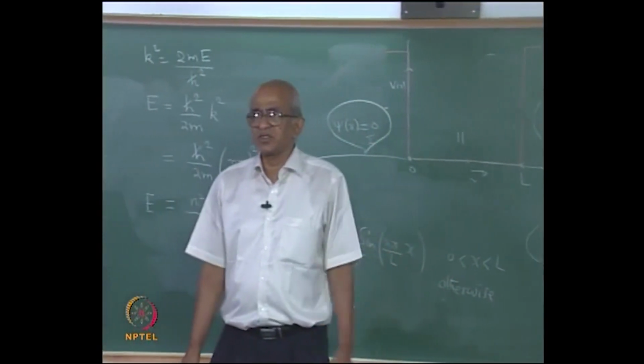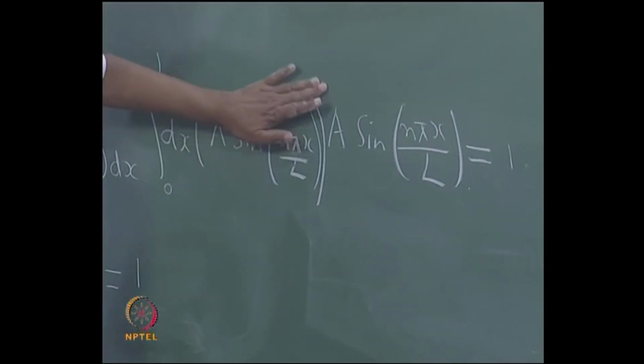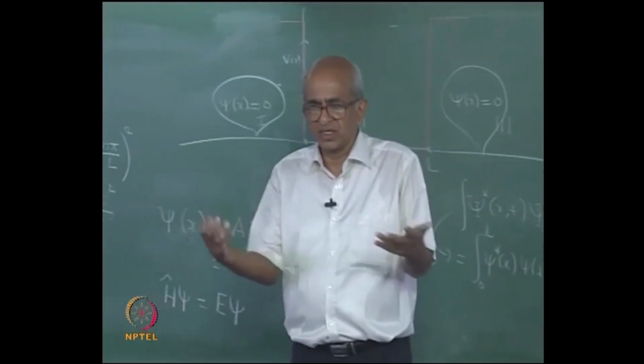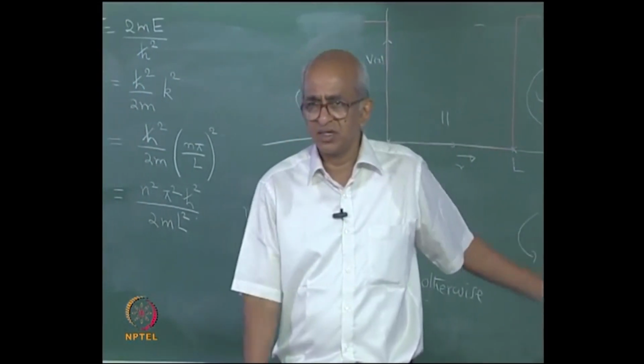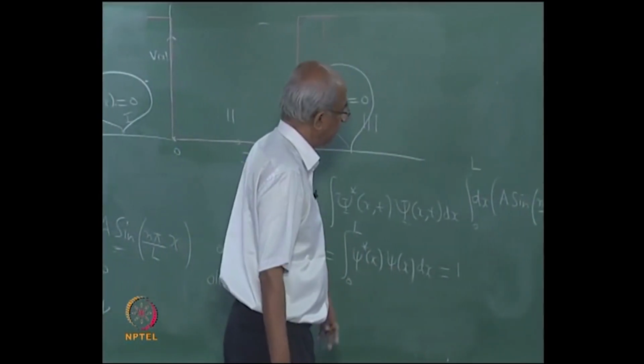But when you look at the function, you do not find any square root of minus 1 anywhere. There is no i inside this, so therefore, this star has no effect. Complex conjugation, only if there is minus square root of minus 1 sitting inside somewhere will it have an effect. So, psi star is actually psi itself.